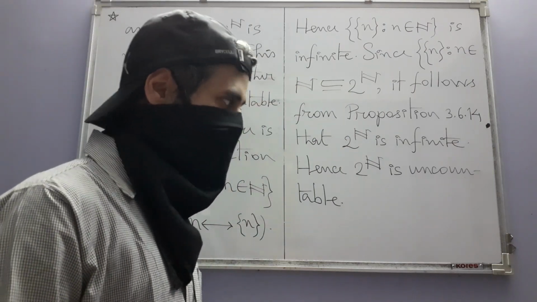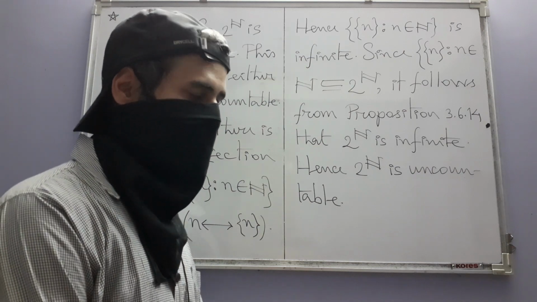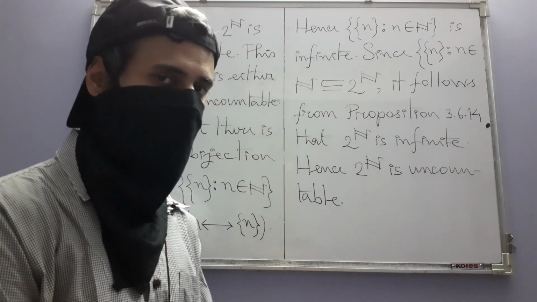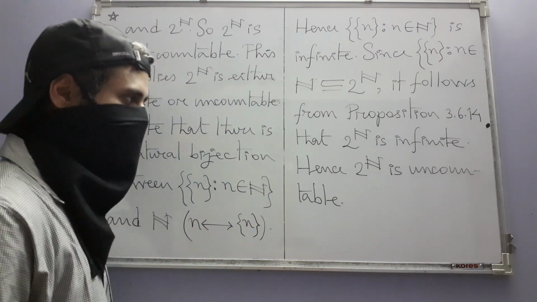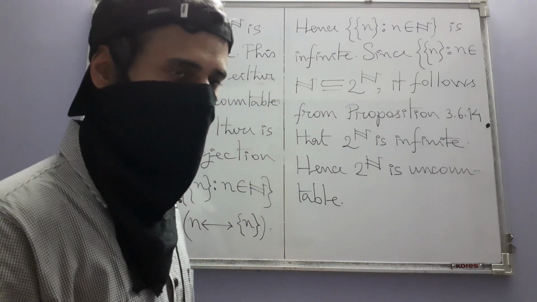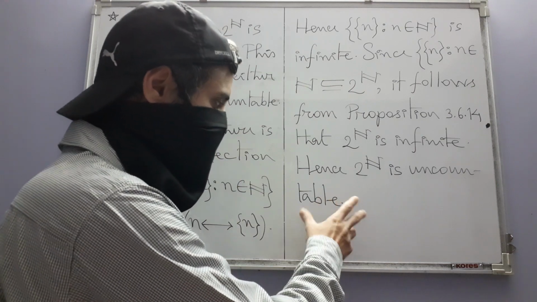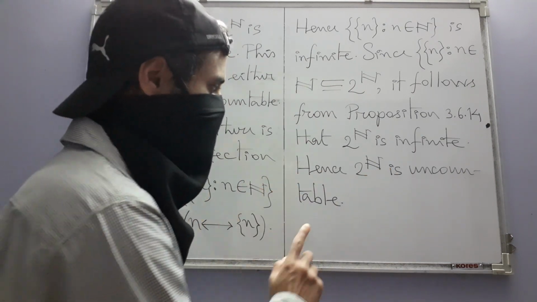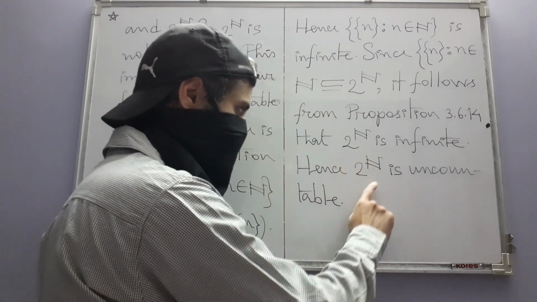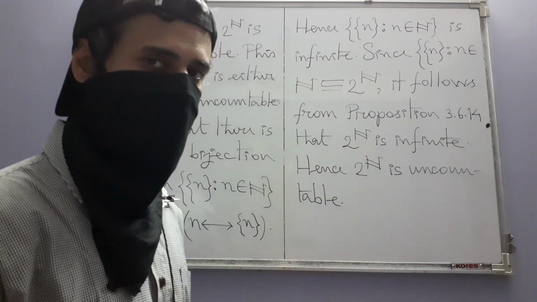So I am ending the video here itself, but before I end things, let me just tell you briefly what we are going to do next. Next is that result that the set of real numbers is uncountable, where we are going to use uncountability of this.